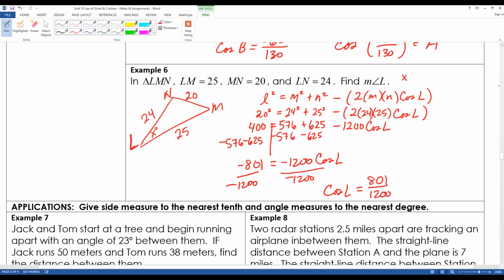Since I'm solving for the angle, I'm not going to try to reduce the fraction. I do know that it's positive because negative divided by a negative is positive. So now I'm just going to do the inverse of the fraction. That's going to give me my angle. So second cosine, 801 divided by 1200, close, enter. 48.1, we'll say.